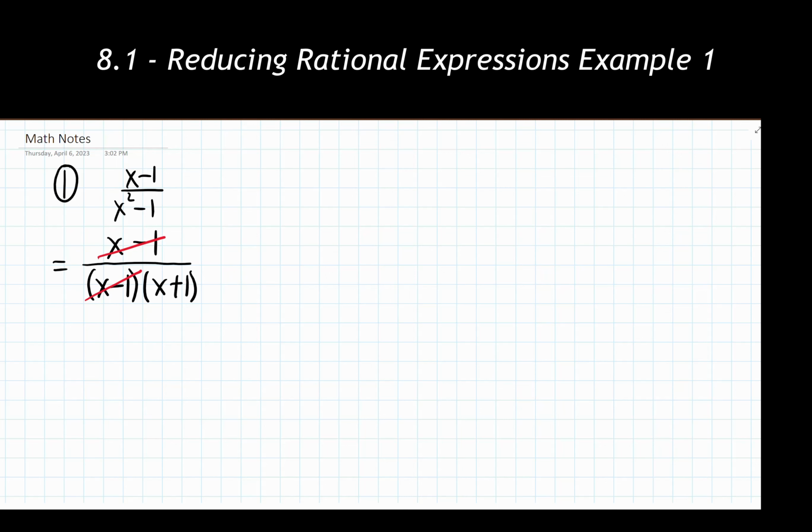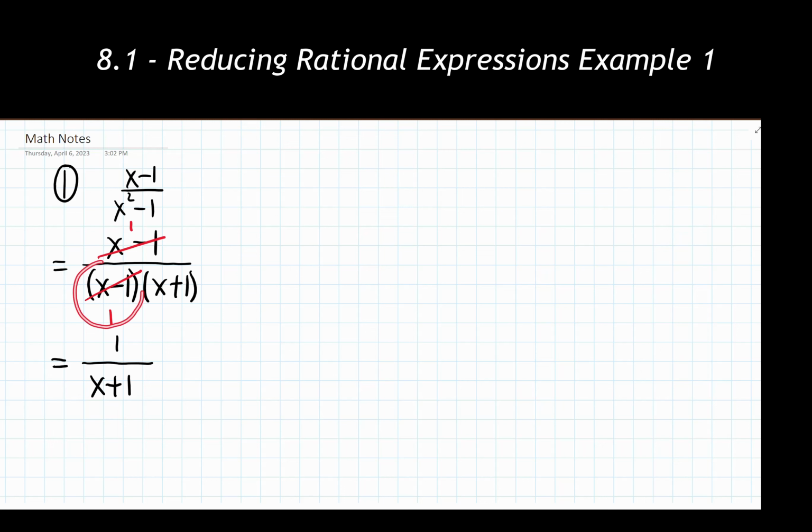Now when I'm canceling those out, it doesn't mean that they are both becoming 0 and they're gone. Remember that anything divided by itself is the same as saying 1. So each of these becomes just a single 1 in their respective places. And my new resulting rational function is going to be 1 over x plus 1.